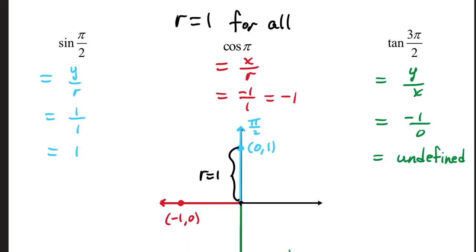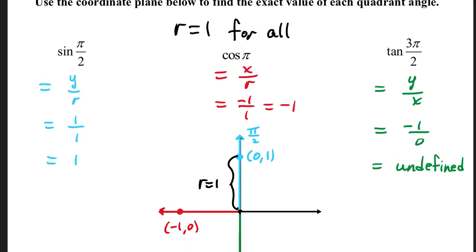All right, our first example, we're going to use the coordinate plane to find the exact value of each quadrant angle. So if you're given something like sine of pi over 2, which is the radian measure, in degrees you would have sine of 90 degrees. Pi over 2 or 90 degrees fall on the positive y-axis.